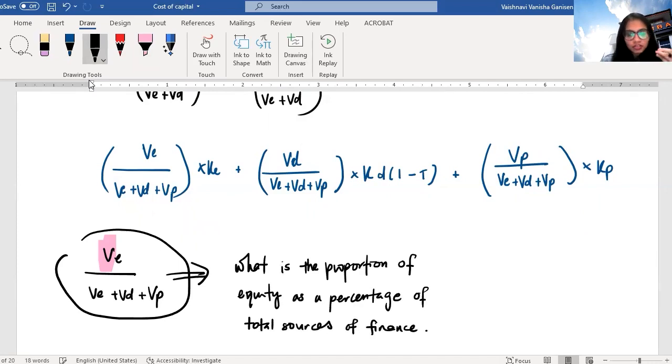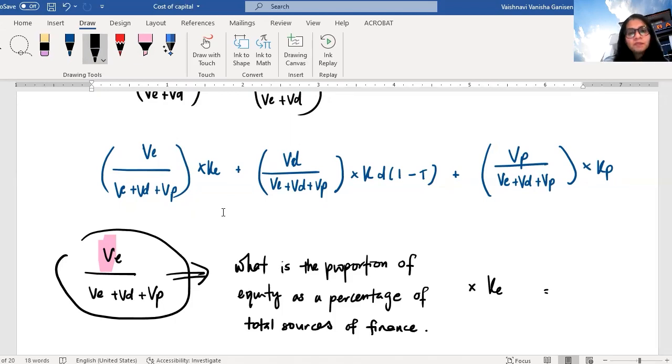Now, once you take this weightage, this proportion, you multiply by the KE, because that is the percentage that represents your KE. So isn't this simple to understand?